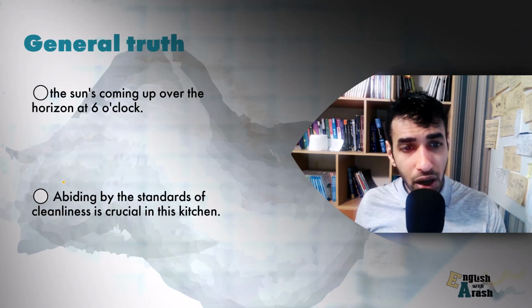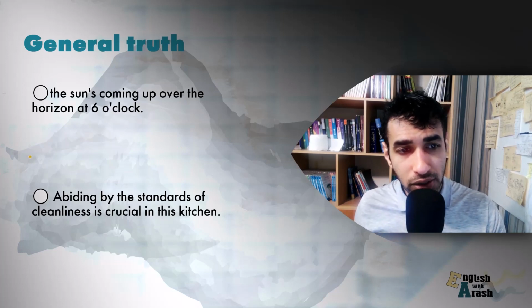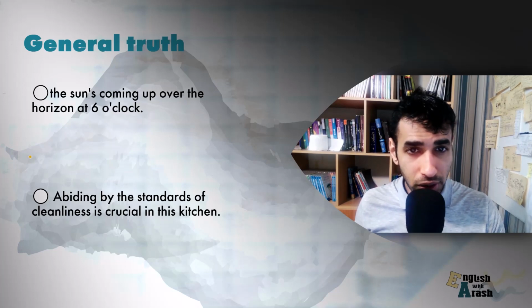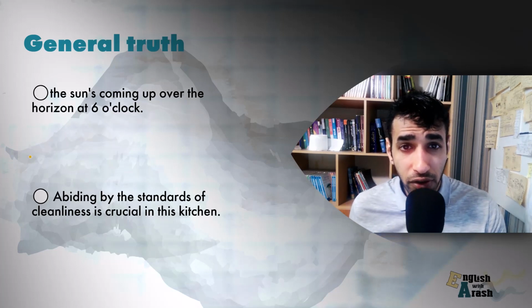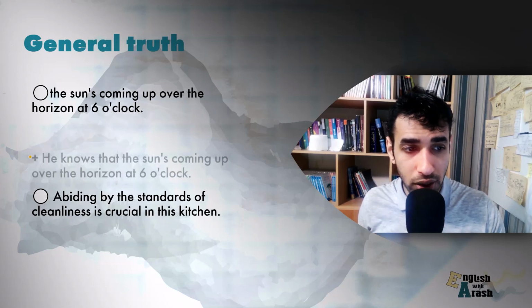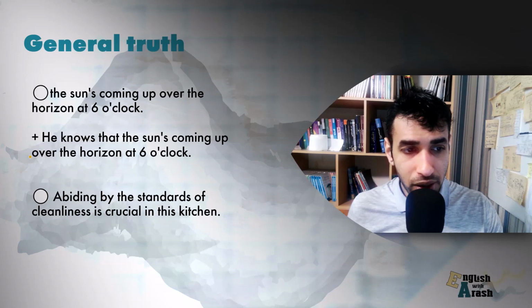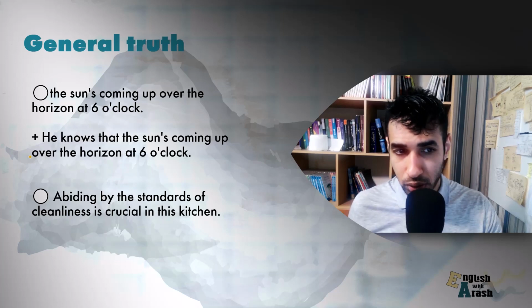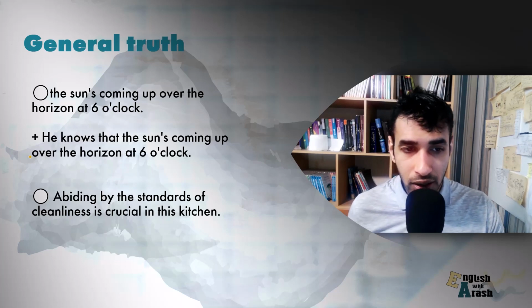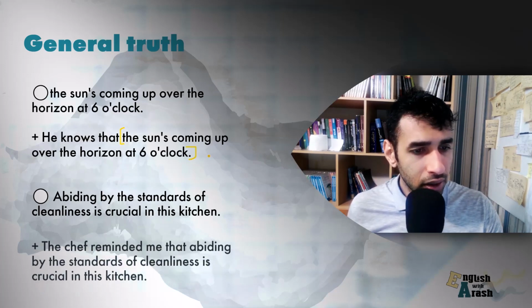The sun comes up over the horizon at 6 o'clock. This is the general truth. This is a fact. And you should not change the tense when you want to report it. So he knows that the sun comes up over the horizon at 6 o'clock. He knows this fact. He already knows that.